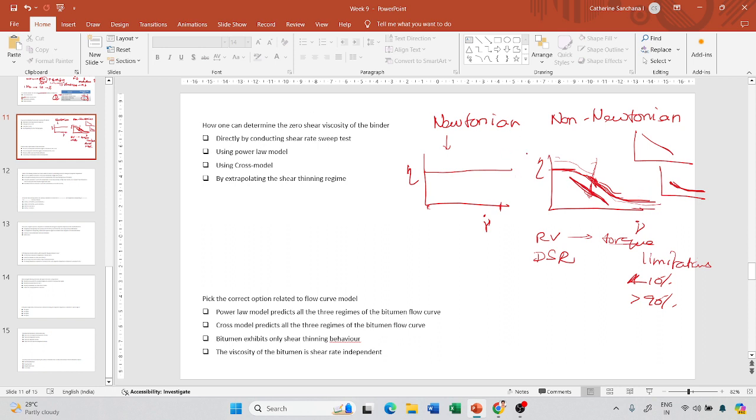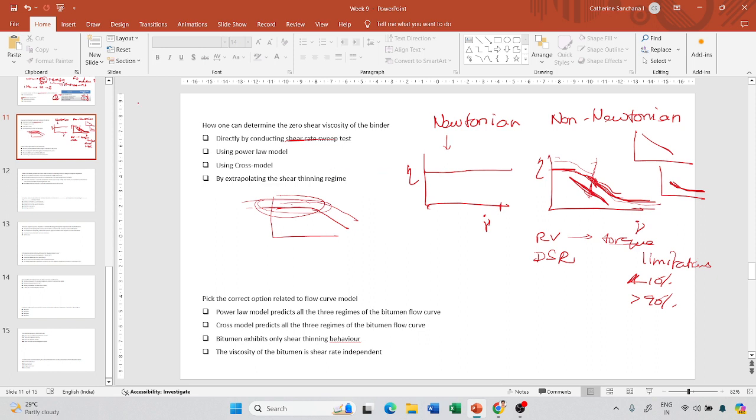I can conduct a shear rate sweep, and if I'm able to capture this regime, then this viscosity will correspond to my zero shear viscosity. Either I can directly measure this value from the graph, or I can fit a model to it and take the zero shear viscosity from the model.